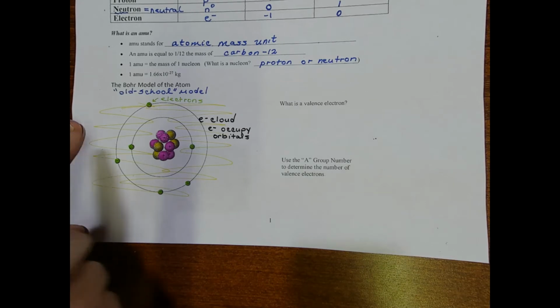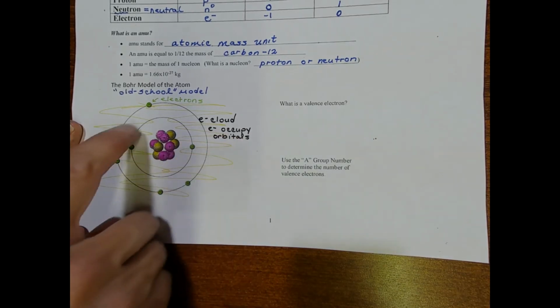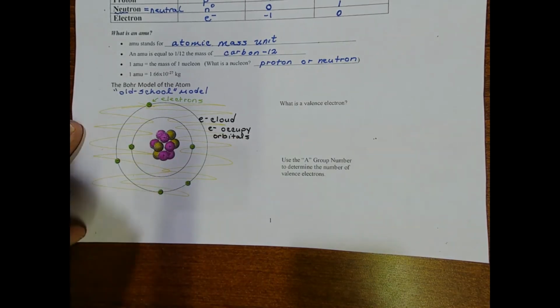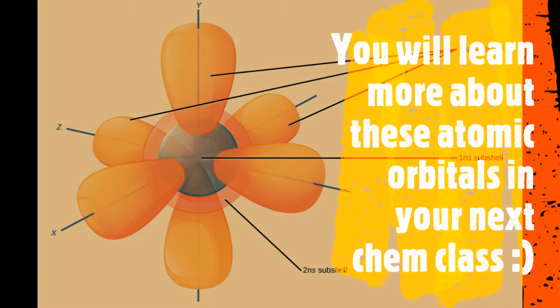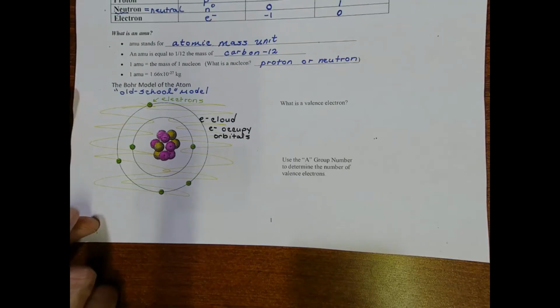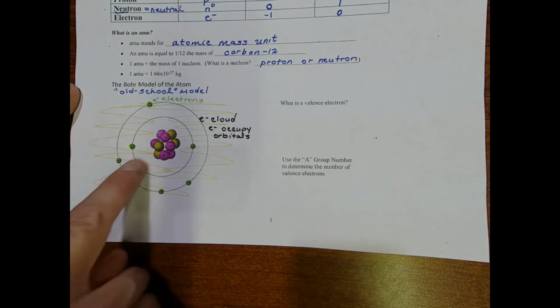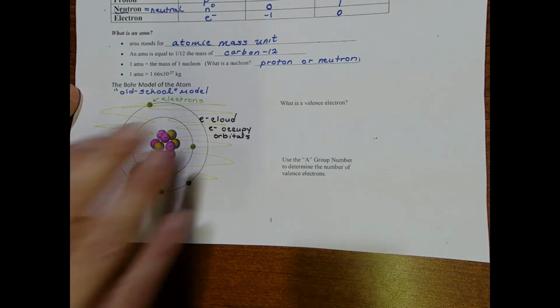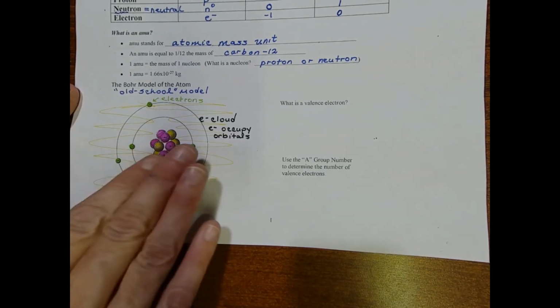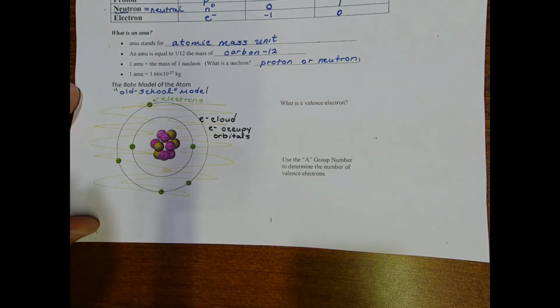We now know that the electrons occupy orbitals, much larger spaces, and they can move anywhere they want within their orbitals. Just think of this big cloudy area with zero mass, and somewhere within that cloud, you're going to find the electrons.